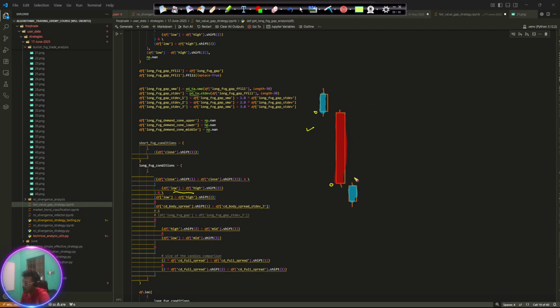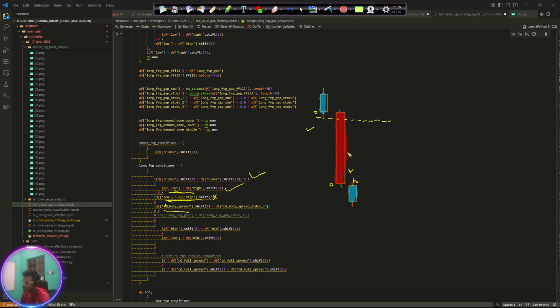So the high here is less than this low, right? That's my second condition. Checks out. Reverse of that will be high here, low here. So current high is greater than low shift two. These and these are the same condition. I put it two times. Anyway, I'm gonna remove it.